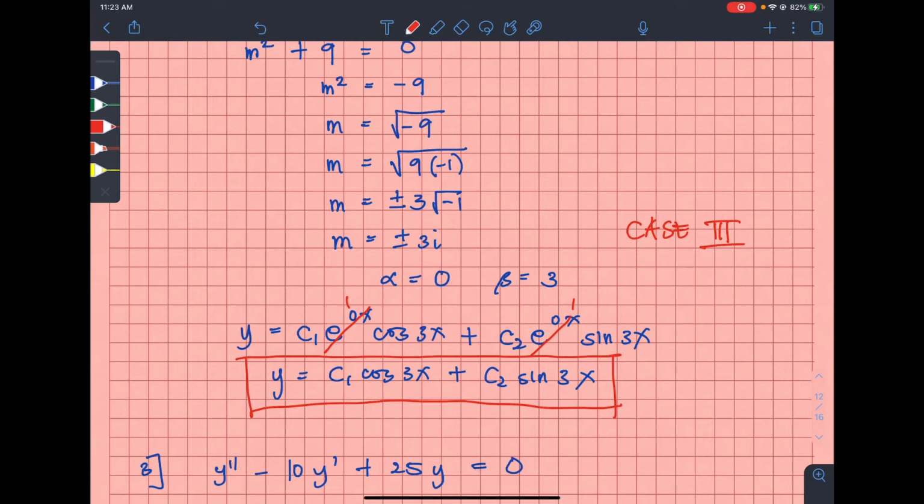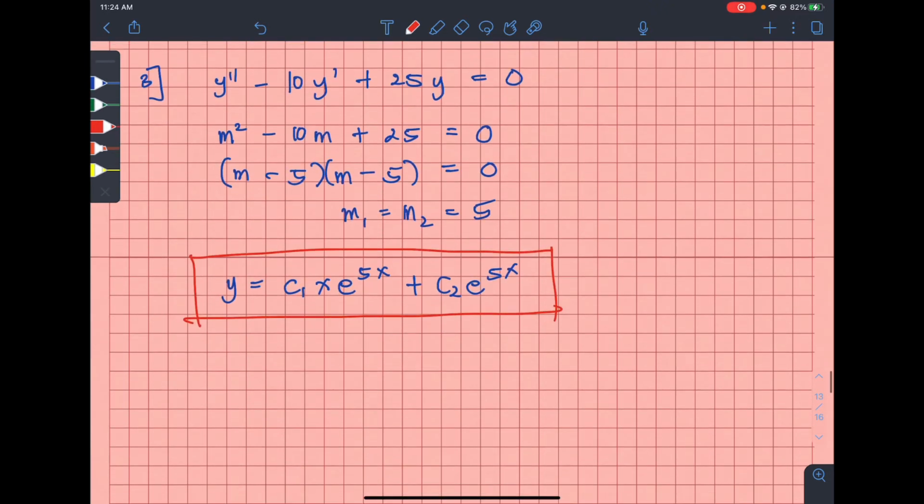And lastly, for repeated roots, which is under case 2, we are just appending x. If you remove the x, they are just the same. But we're multiplying by x to make it different from the other solution. So that is for number 3.